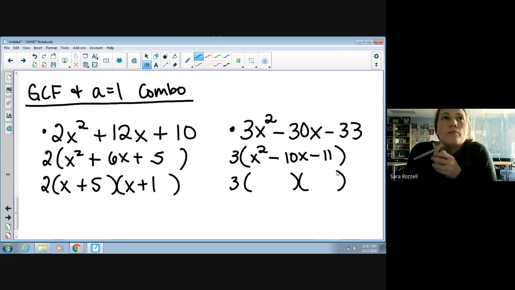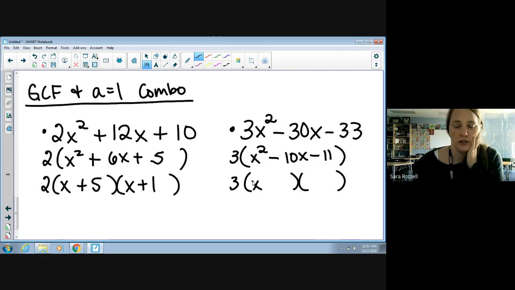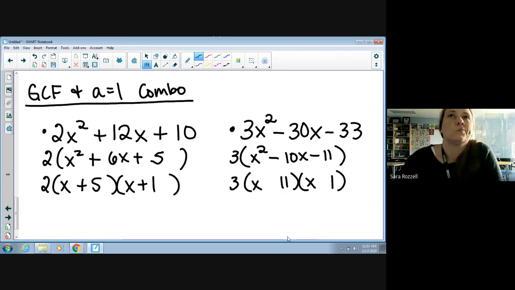We're looking for what multiplies to 11. So what are the only two things that multiply to 11? 11 and 1. So those are our only options, 11 and 1, and we just have to somehow make it equal to negative 10. We want negative 10. So which of these needs to be negative, the 11 or the 1?